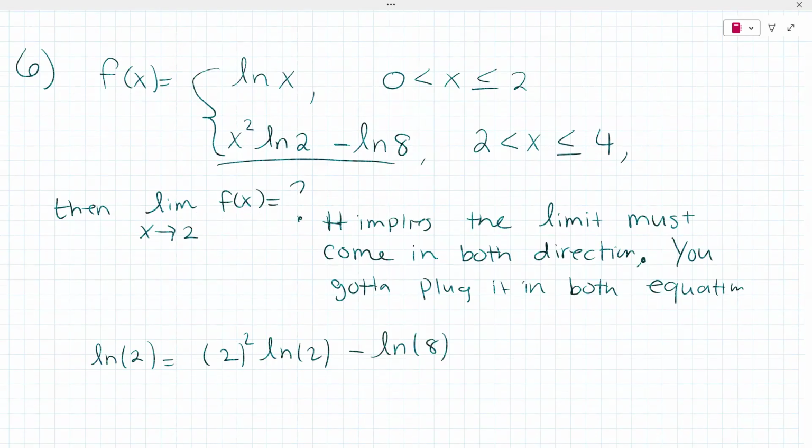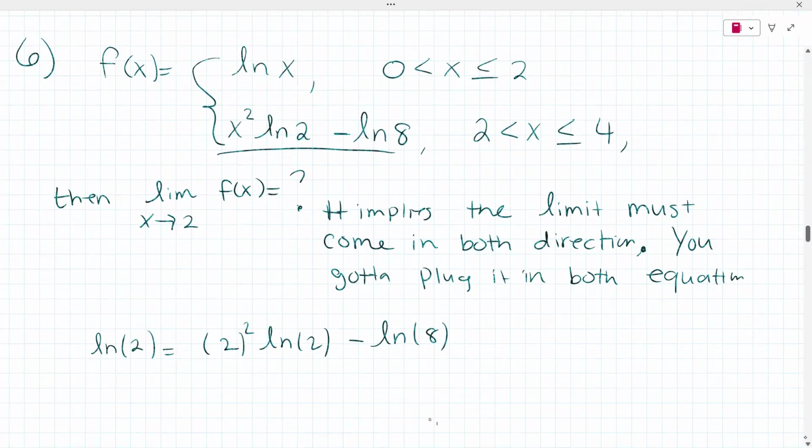Is that true? If it is true, then f of 2 would equal ln of 2. Let's do some algebra.